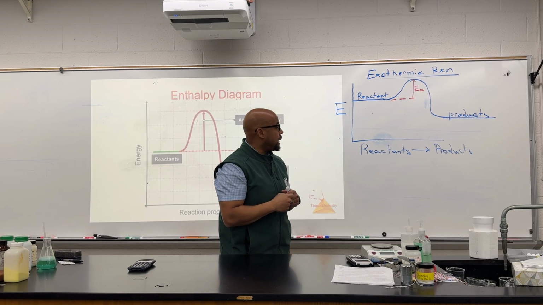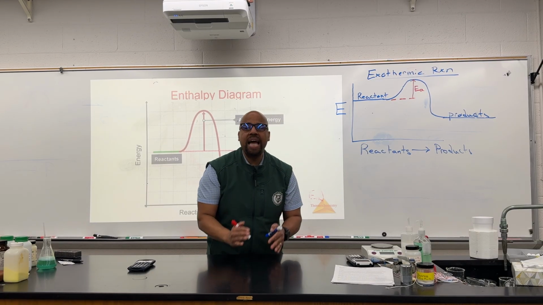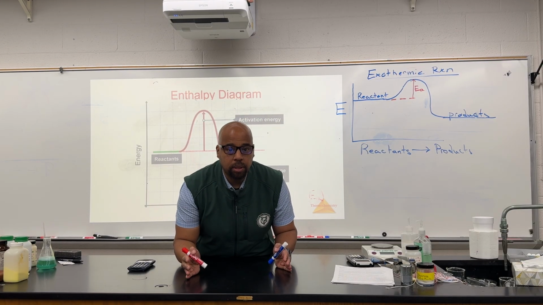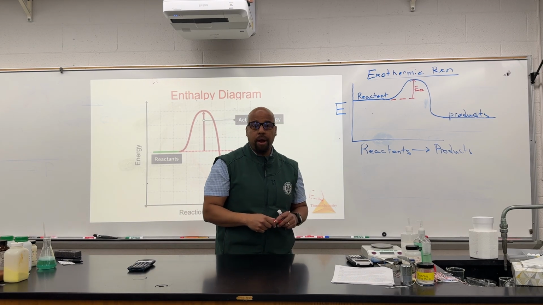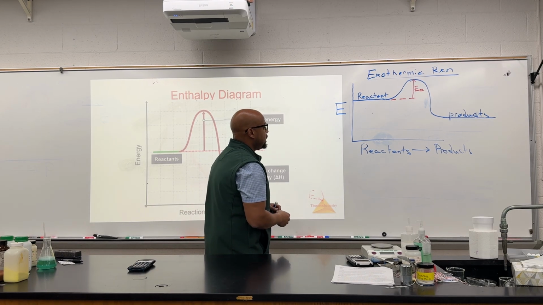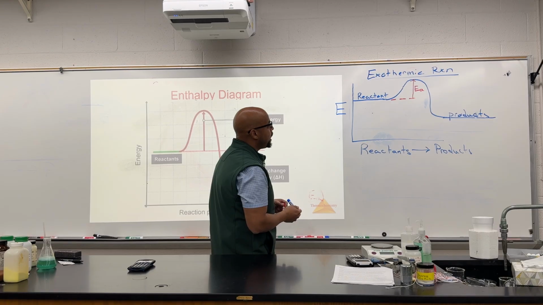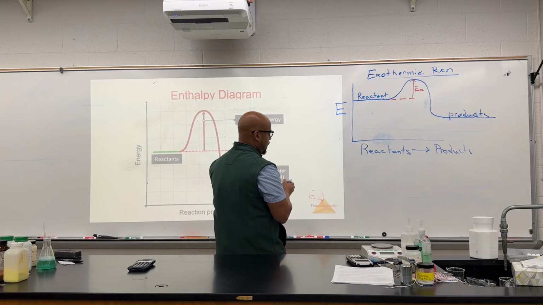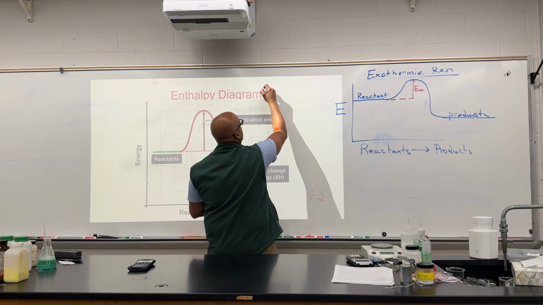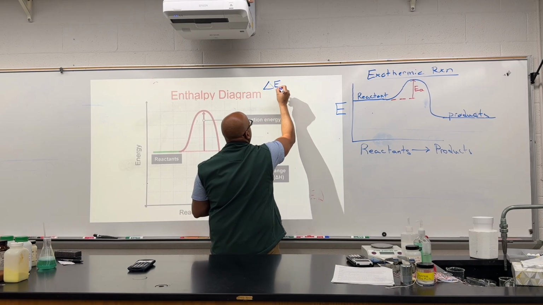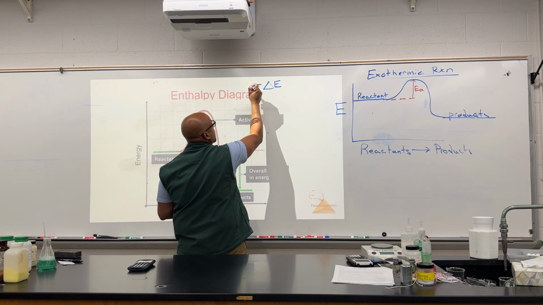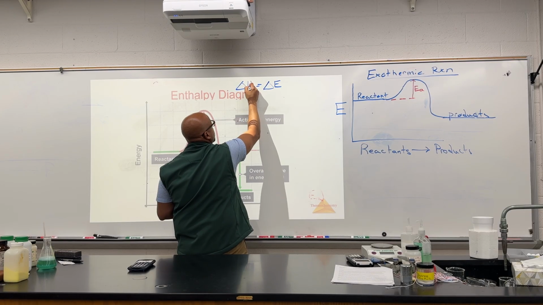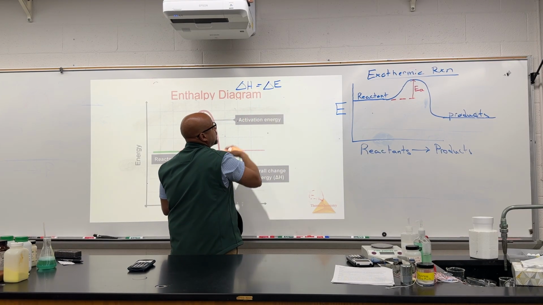All right, the next thing we have to look at is the net overall energy of the actual reactants and products. So if I look at the overall energy of the reactants and products, I could do something like this: delta E. And a lot of times, as we'll see in a second, delta E is also referred to as delta H. It's a form of energy in this case.